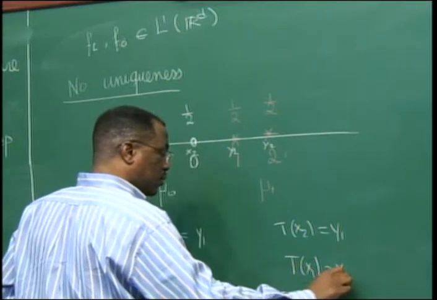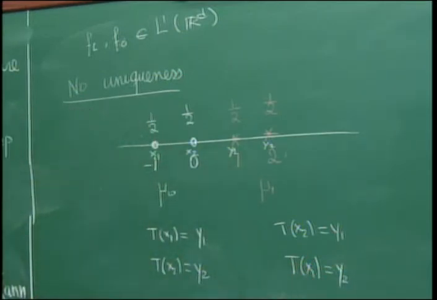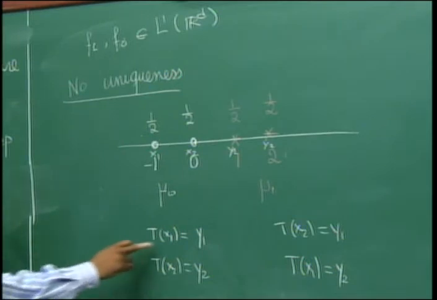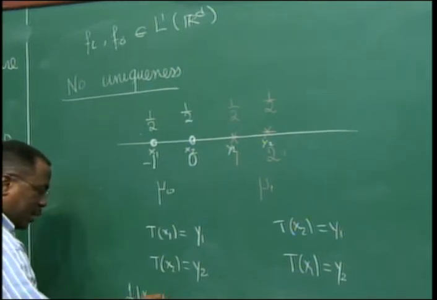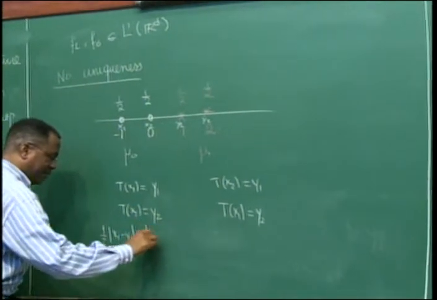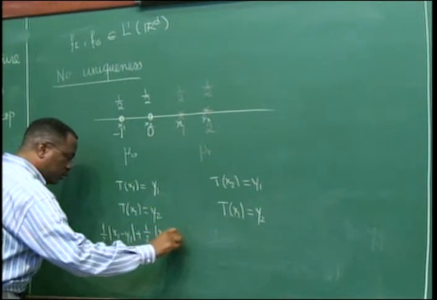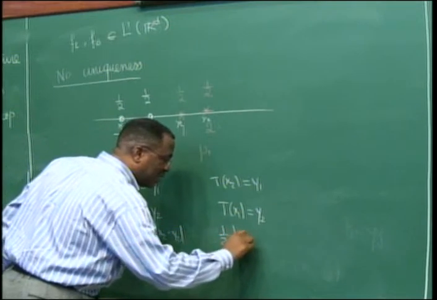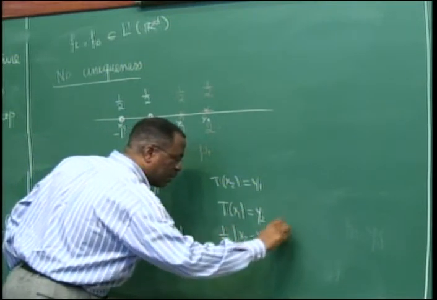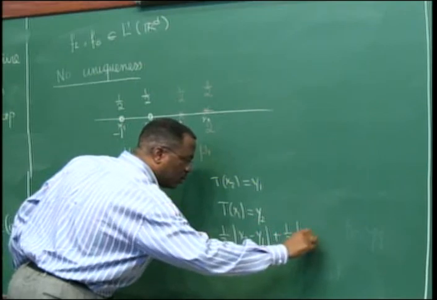is Y2. So this strategy is going to generate the cost 1/2 |S1 minus Y1| plus 1/2 |S2 minus Y2|. That one is going to generate the cost 1/2 |S2 minus Y1| plus 1/2 |S1 minus Y2|.